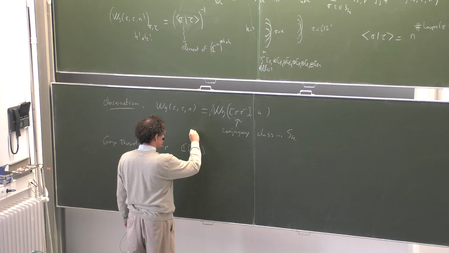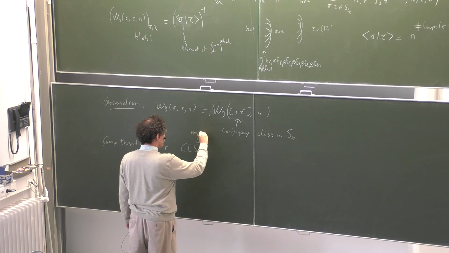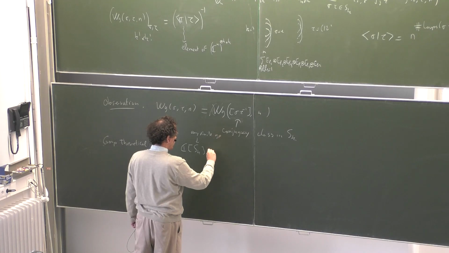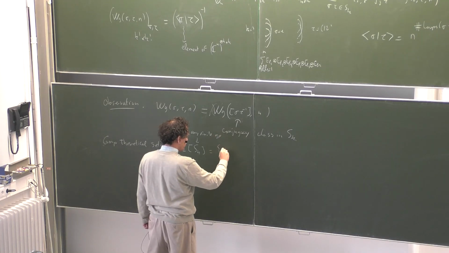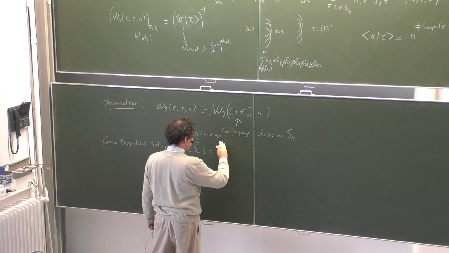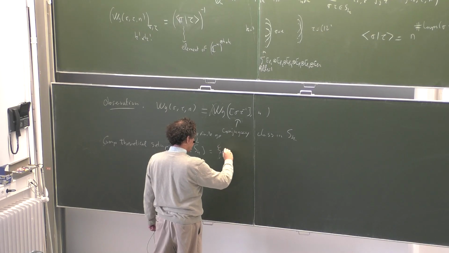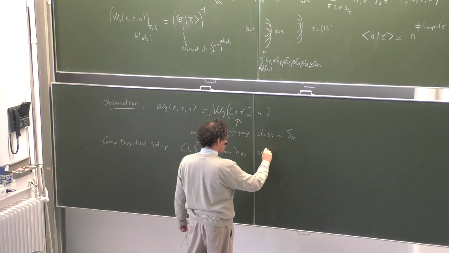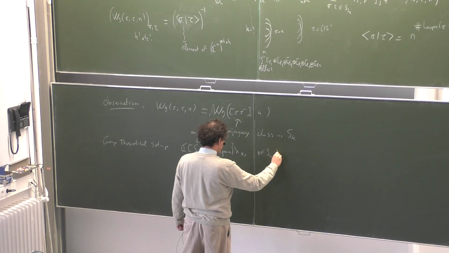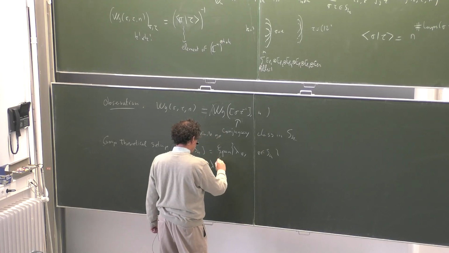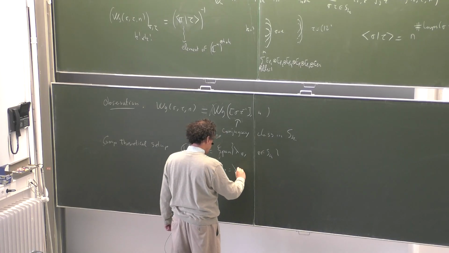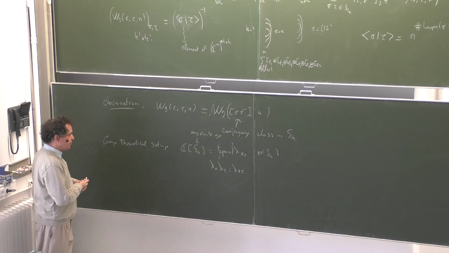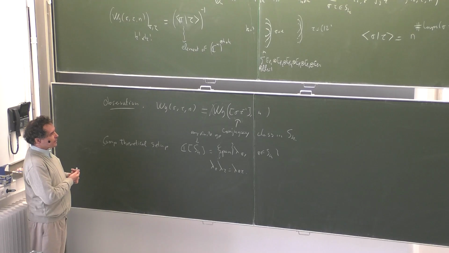Here you could put any finite group. The algebra is just the span of lambda sigma for sigma in the permutation group, and the multiplication is lambda sigma lambda tau is lambda sigma tau. Again, that's the convolution on the function algebra if you prefer.